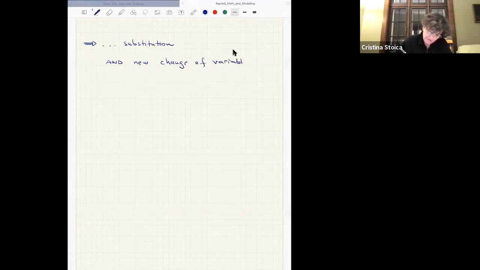The new change of variable is by introducing, let's say, x tilde equals little x minus t. So it's a shift. If we do this, then u of little x and t is identified with a little u of x tilde and t.